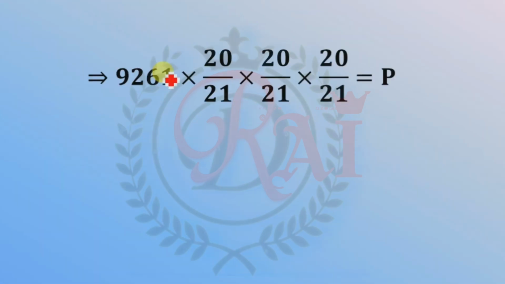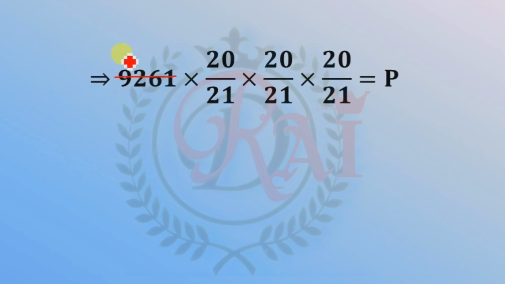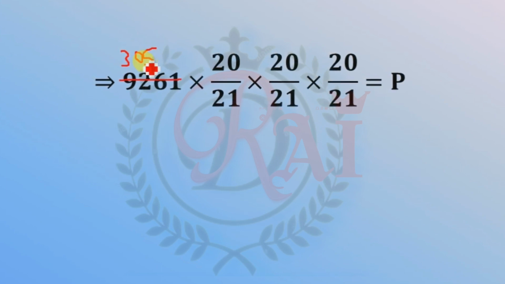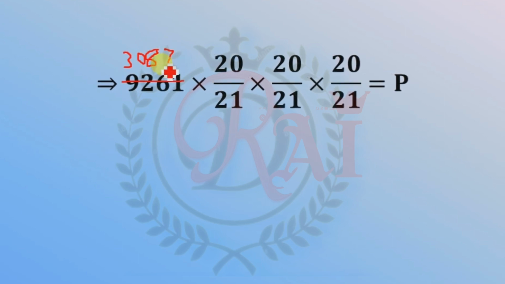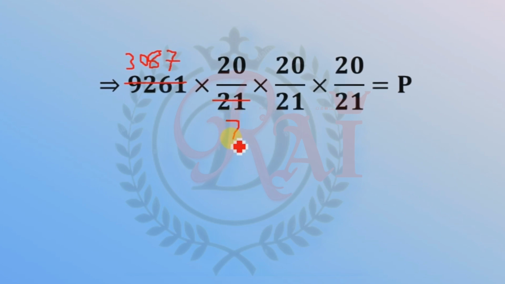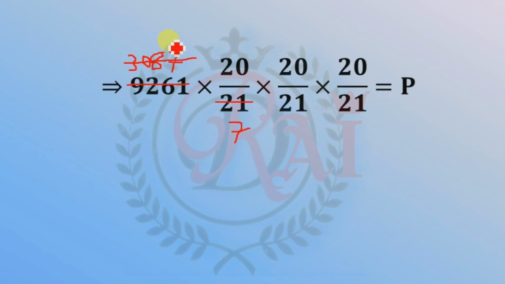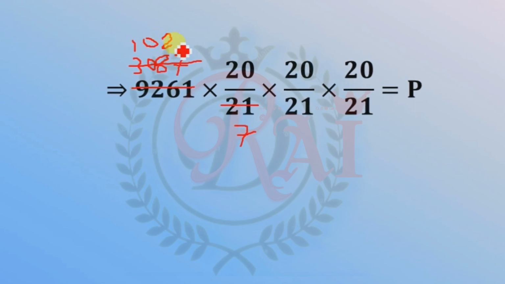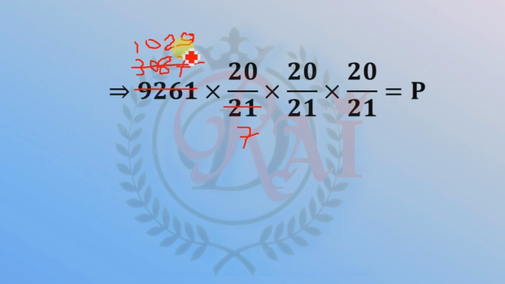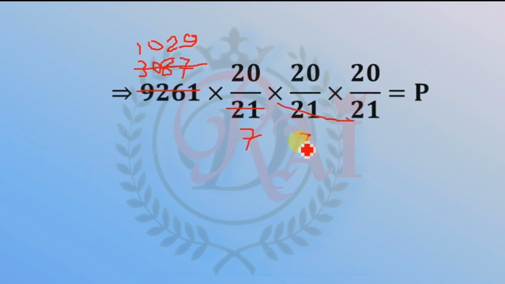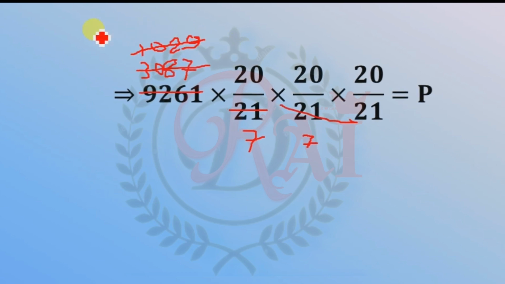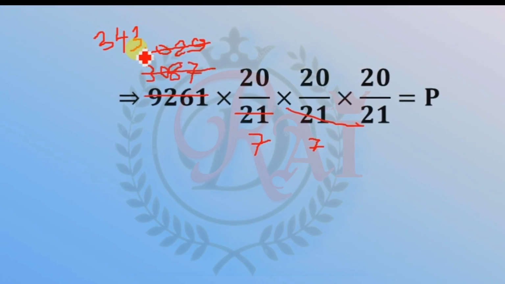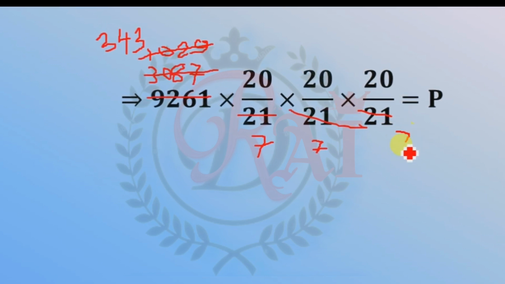9 plus 1 plus 2 plus 6 plus 1 is 18, so that whole number is divisible by 3. 3 3s are 9, 3 8s are 24, so 3 7s are 21, 3 7s are 21, again with the 3. 3 2s are 6, 3 9s are 27, again with 3 7s are 21, again with 3. 3 3s are 9, 3 4s are 12, 3 3s are 9, and here with 3 7s are 21.